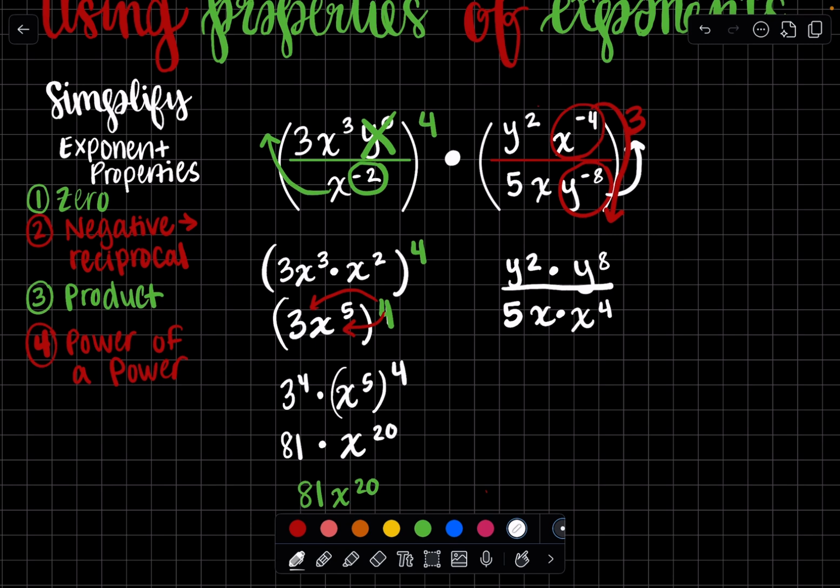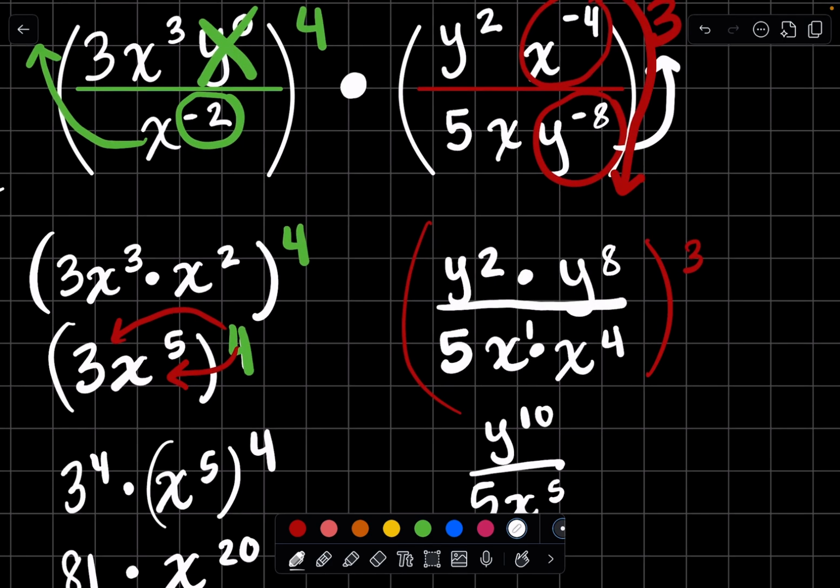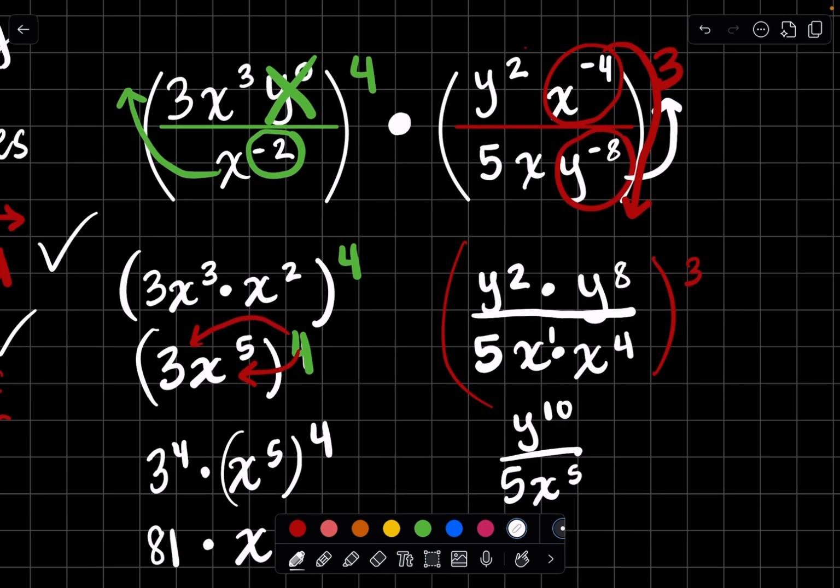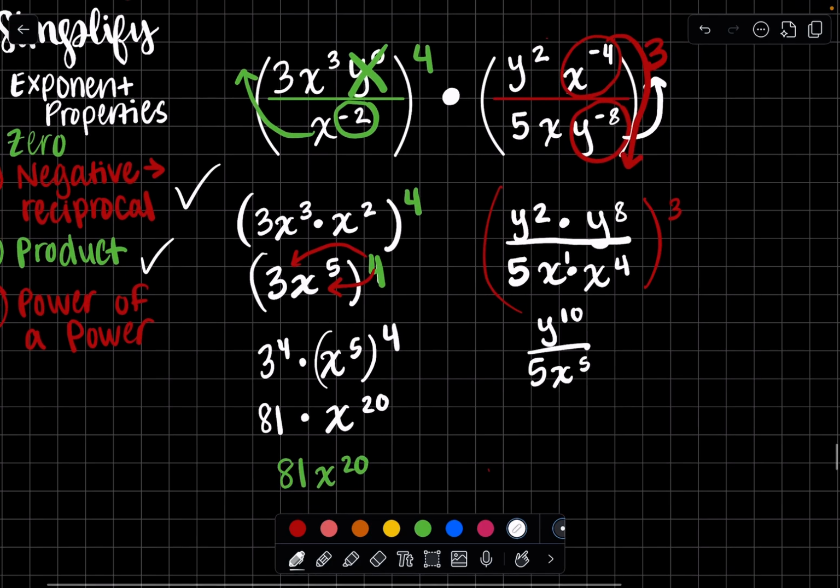All right, so now I did the negative reciprocal. I can go ahead and do the product of a power rule, which means if I have the same base, I add the exponents. Oh, I forgot that all of this is raised to the power of 3. Silly me. So then my next step is I have y to the power of 10 over 5x to the power of 5. Although we don't have a little 1 exponent right here, we can infer that to be true because we have x there.